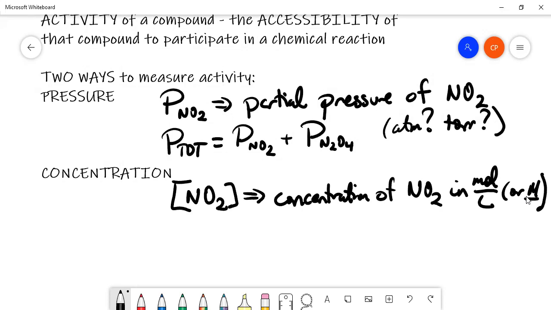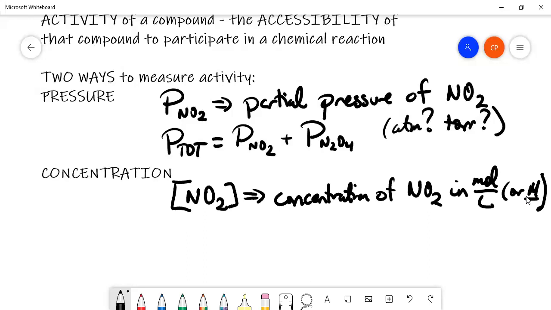You're going to start to see this representation of concentration, a compound written in square brackets. You're going to see this a lot in the days and weeks to come. And every time you see a compound symbol written in square brackets, your immediate response should be, that's the concentration of NO2.